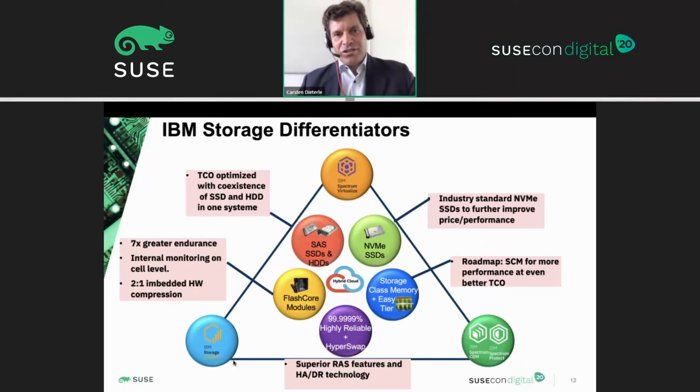In our flash systems, we have our own developed flash core modules, which have a much greater endurance than industry modules. We have embedded hardware compression, and we also have, and that is very, very important, high availability solutions in the storage systems with HyperSwap or with SVC, IBM Spectrum Virtualize Stretch Cluster.